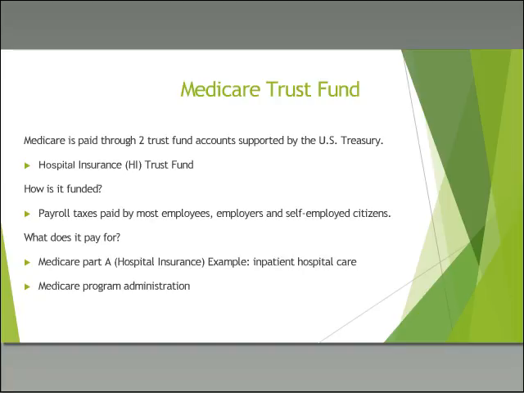Medicare Trust Fund. Medicare is paid through two trust fund accounts supported by the U.S. Treasury. Hospital Insurance Trust Fund. How it is funded: payroll taxes paid by most employees, employers, and self-employed citizens. What does it pay for? Medicare Part A, which is hospital insurance, for example inpatient hospital care, and Medicare program administration.